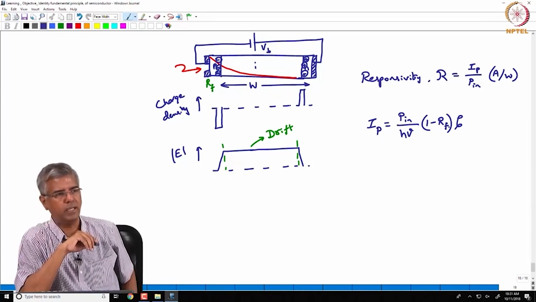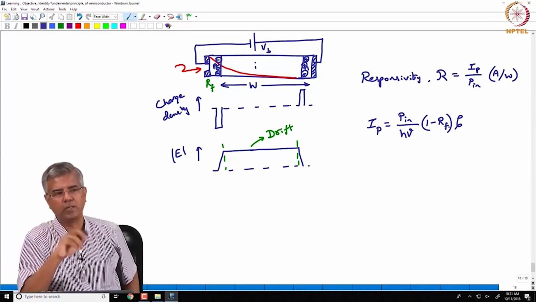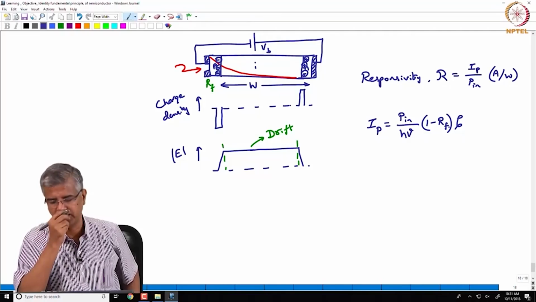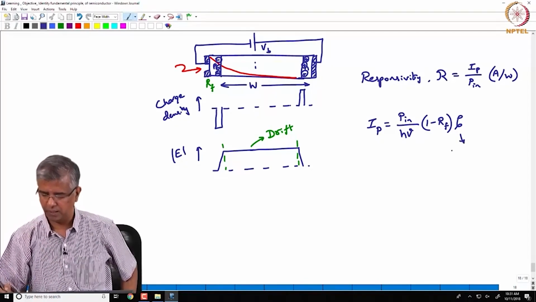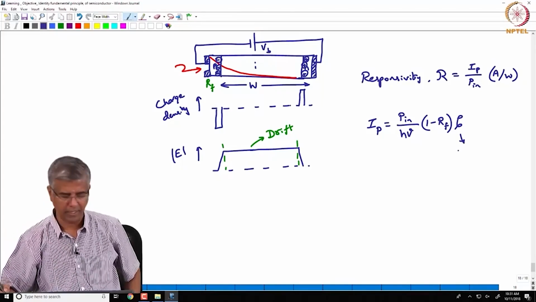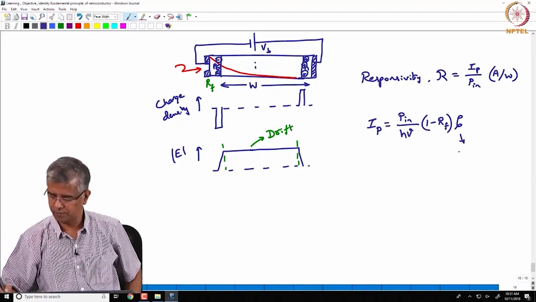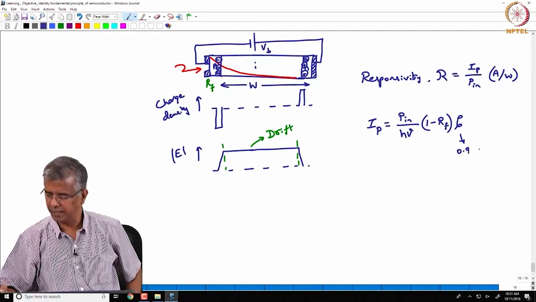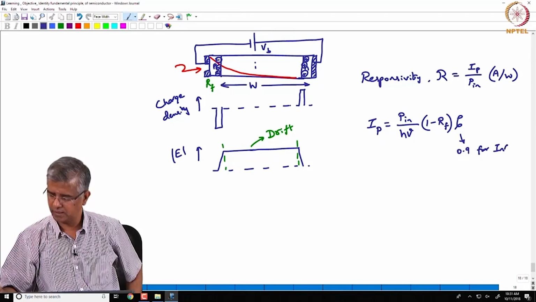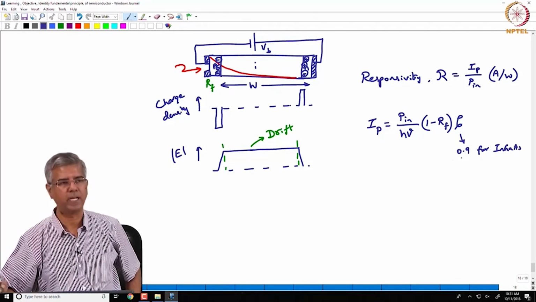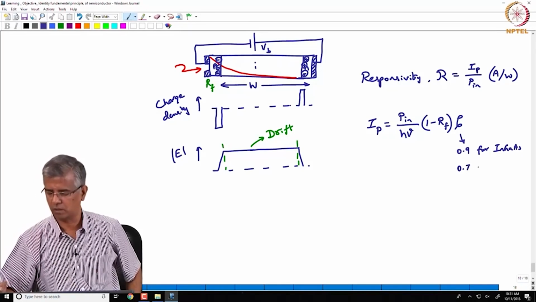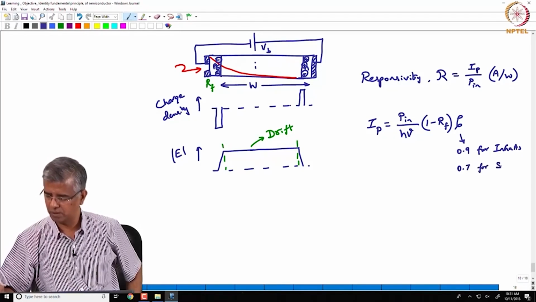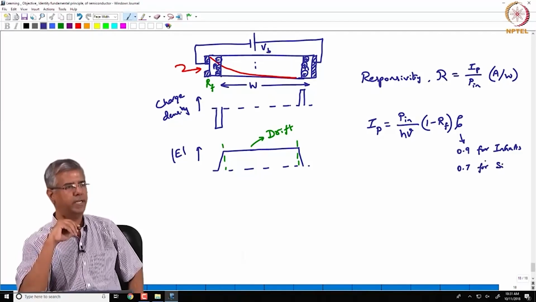So, that is actually the photon to electron hole pair conversion efficiency. To give you an idea, zeta will be fairly high, it is in the order of 0.9 for InGaAs, which is a direct band gap semiconductor, whereas it is around 0.7 for silicon, which is an indirect band gap semiconductor, right.